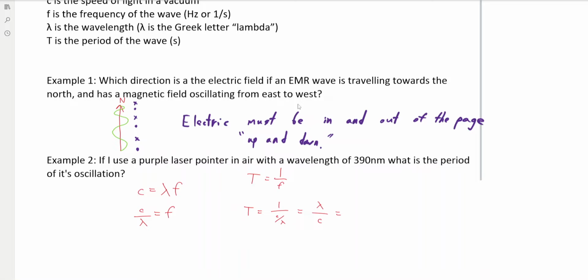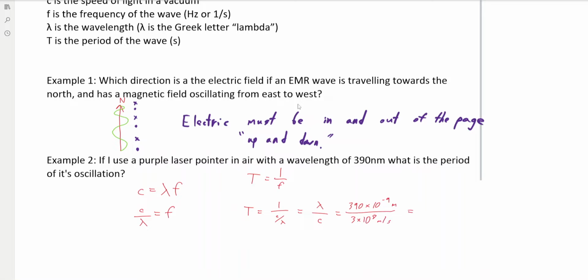So all we have to do is take 390 nanometers, convert that into meters. So 390 times 10 to the negative 9, and then 3 times 10 to the 8 meters per second. This is meters, by the way.